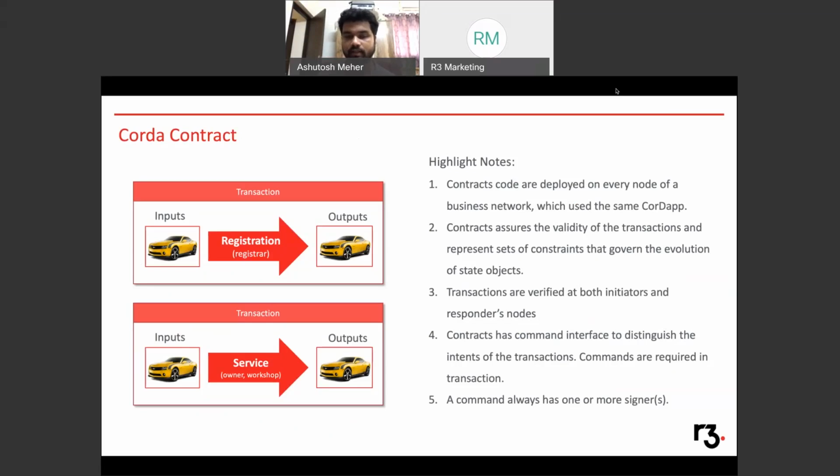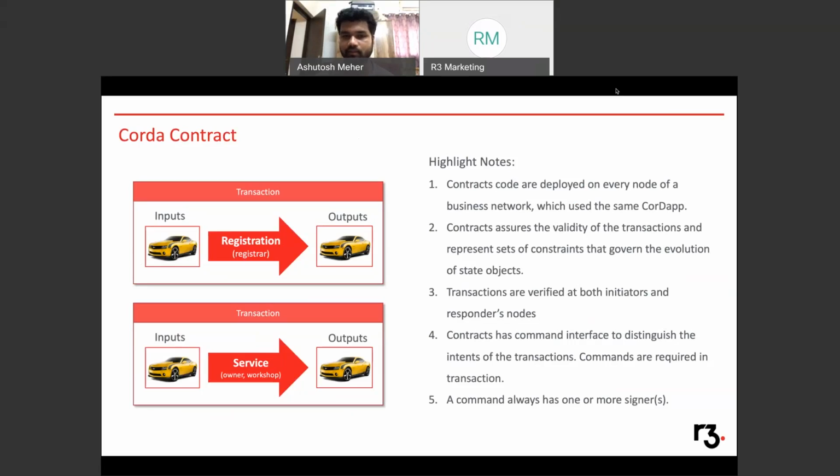They tell you what this transaction is about, so that you can choose the correct business rules that need to be validated. Commands also contain signers. We have been talking about who the signers of a transaction are, right? Every transaction needs to be signed, and there is a set of signers who would sign it. These signers are mentioned within the commands, because depending on the command, there could be a different set of signers.